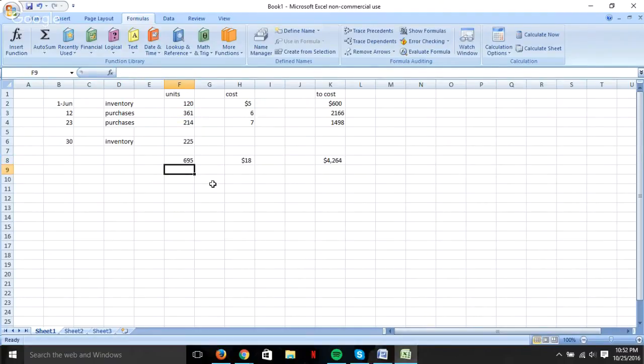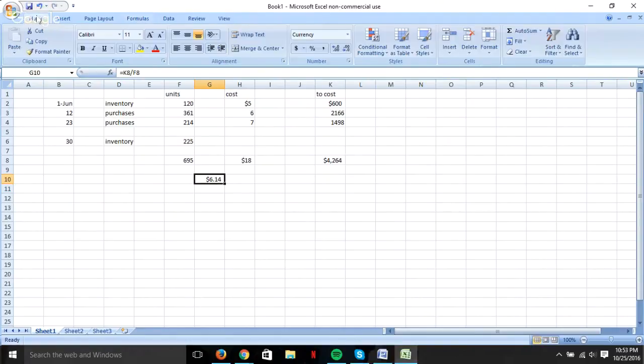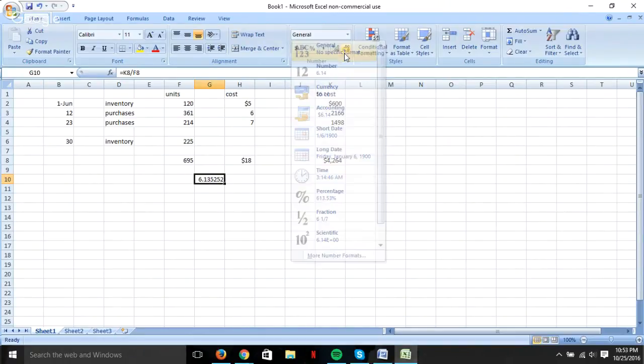So, as I said, we'll need to take the total cost and divide that by the total number of units, and that will give us our total average cost. But as it reads in the information, we need this to be out to three decimals.